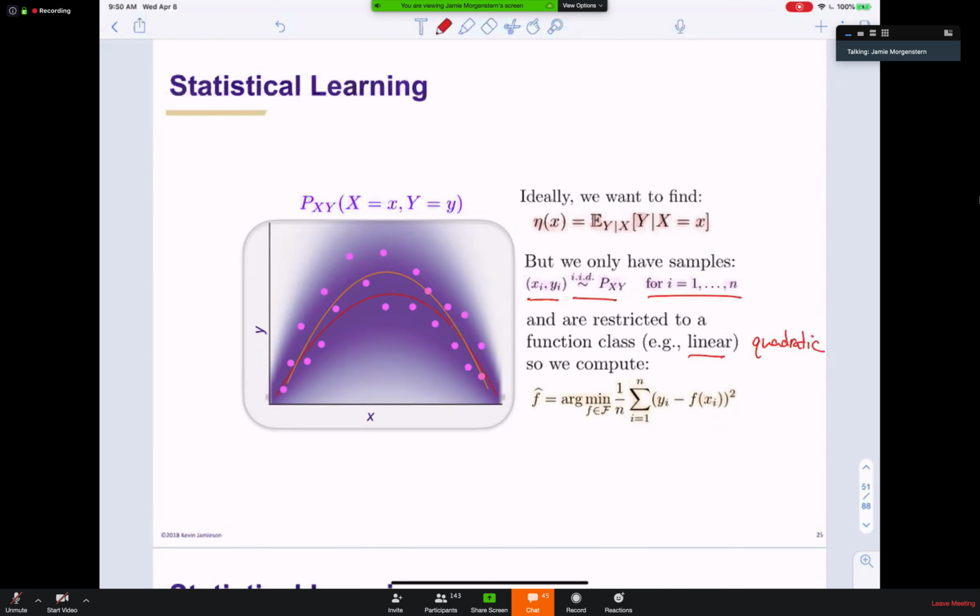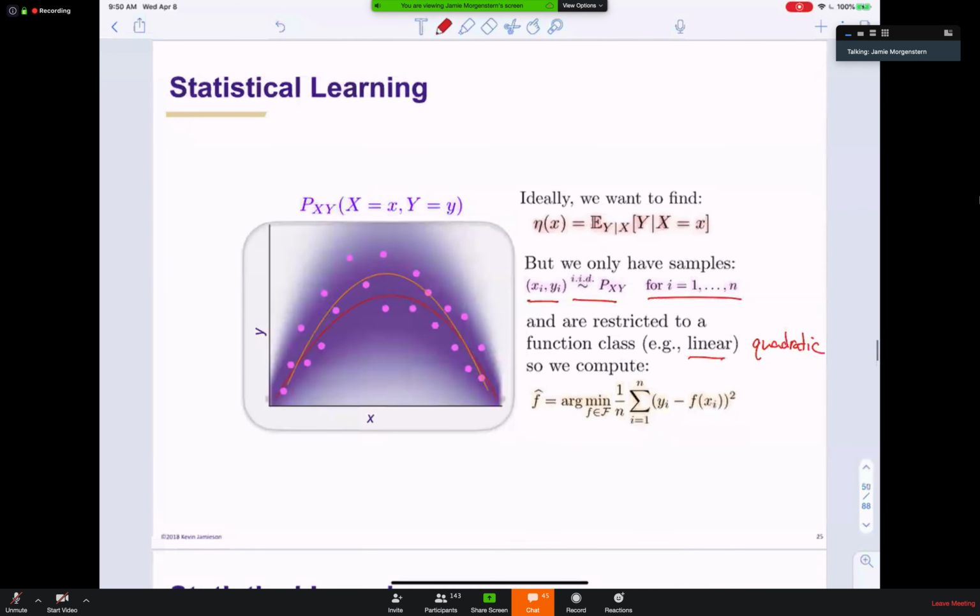What we've been doing thus far, at least in the linear case, is picking the function which minimizes squared error over functions in our function class. So this could mean F is the set of linear functions, or quadratic functions.